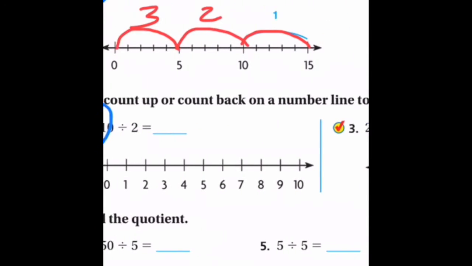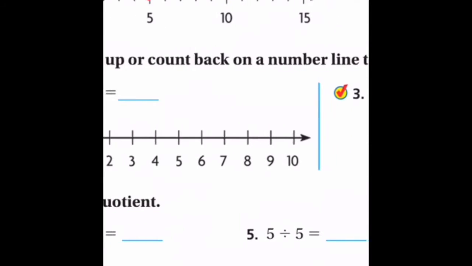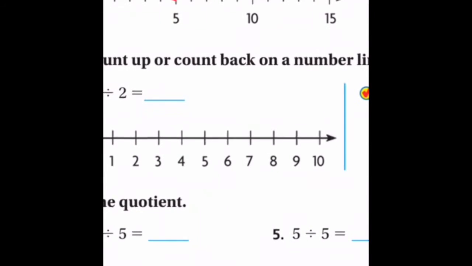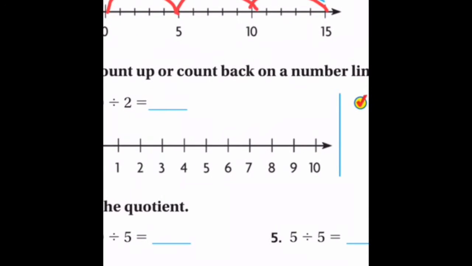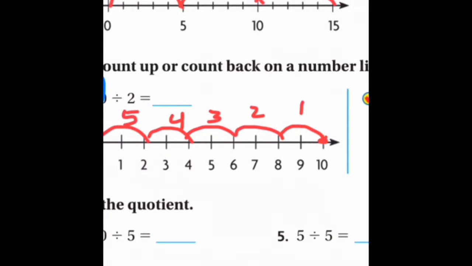Or we can use count up or count back on a number line to solve 10 divided by 2. Okay? So I could start at 10, and I could jump back by 2s. 2, 2, 2, 2, and 2. Count my jumps. 1, 2, 3, 4, 5.